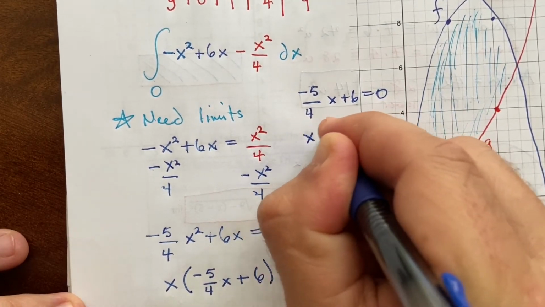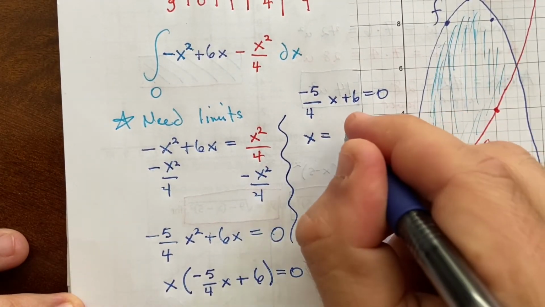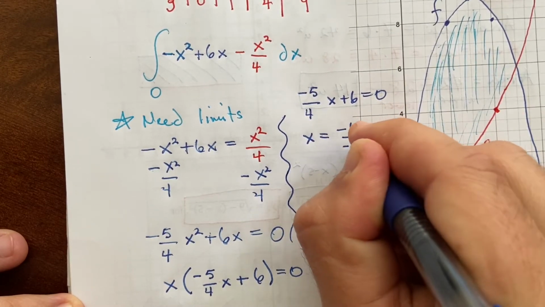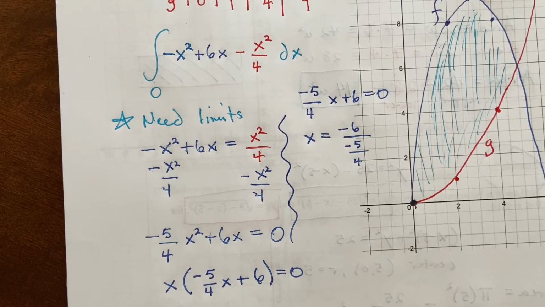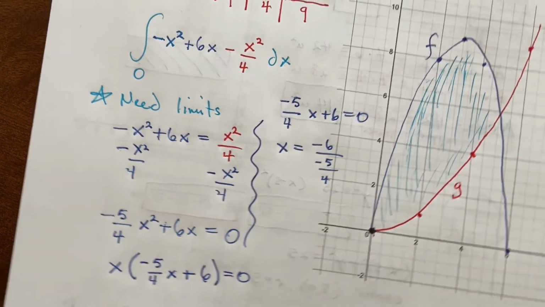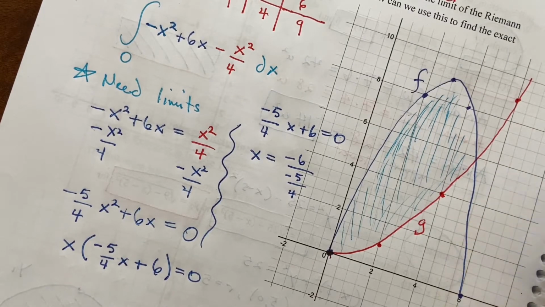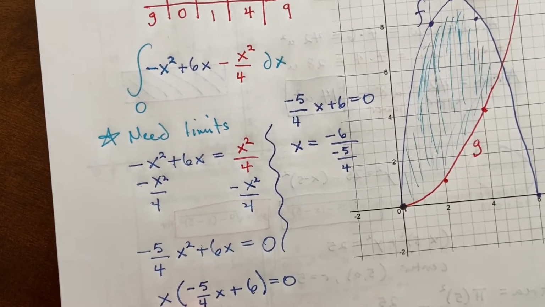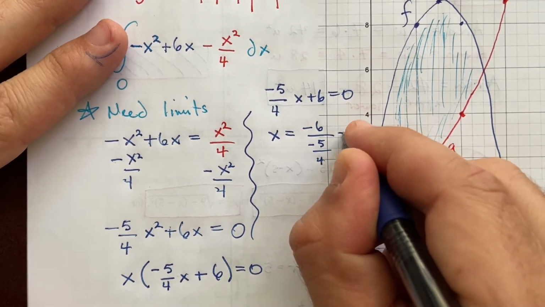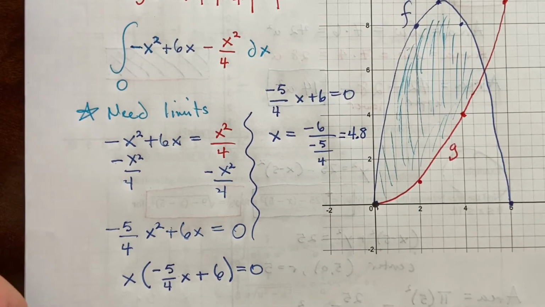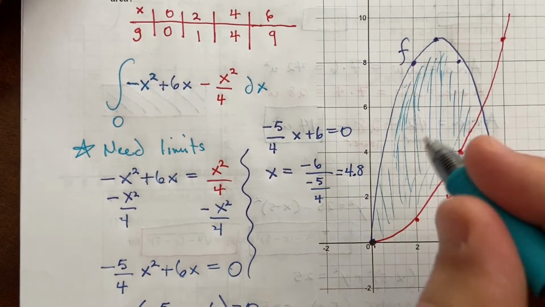So in other words, x equals negative 6 over negative 5/4. I'll type that in my calculator. So 24/5, which is about 4.8, which is reasonable. I'll just use 4.8. That's kind of nice. So that other limit is 4.8.